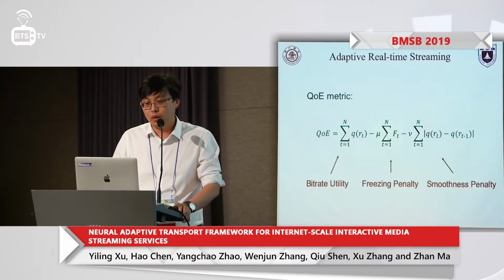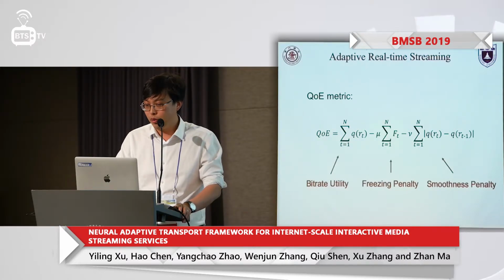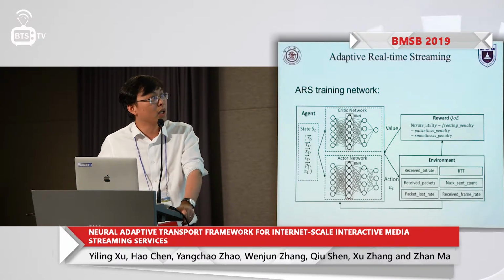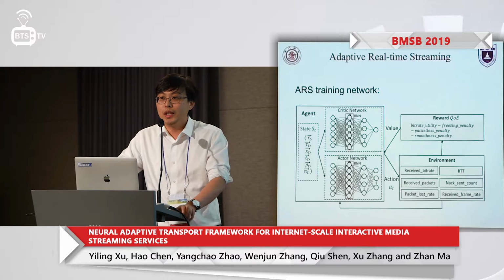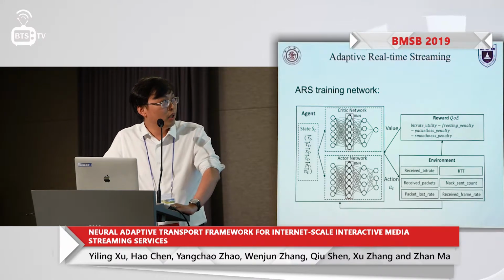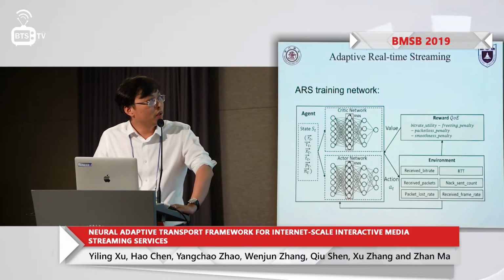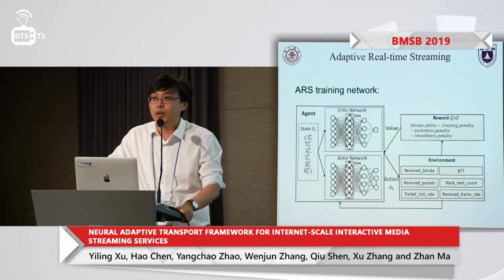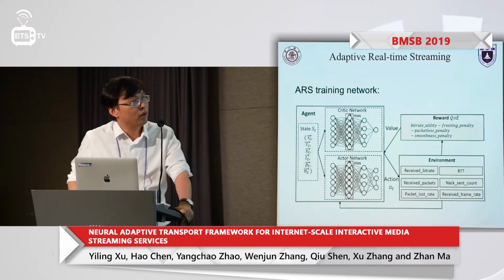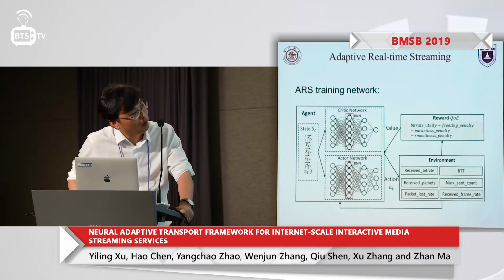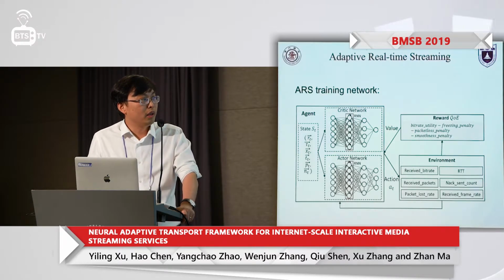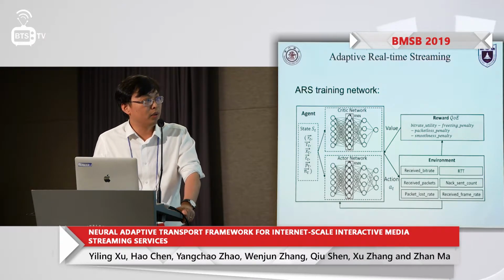So with this QoE metric we defined, we introduced a reinforcement learning architecture, using a reinforcement engine, critic network, and actor network, with past inputs. Past inputs include the received bitrate, round trip time, received packet percentage, packet count, packet loss rate, and received frame rate.